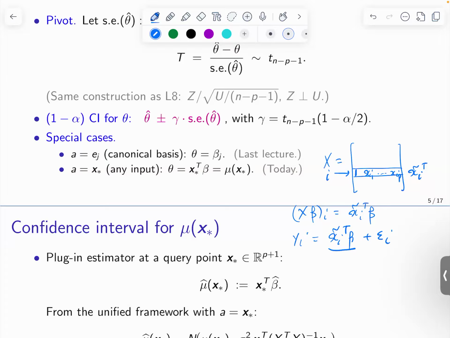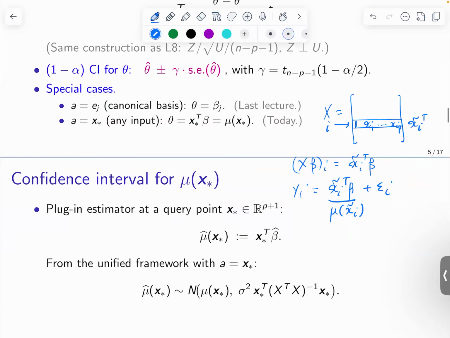So I can write it as mu of x tilde i, where really mu of x is x transpose beta. This is just a linear combination of the coordinates of x. Here I'm going to write it like this to avoid confusion with anything else. This is really a generic point.